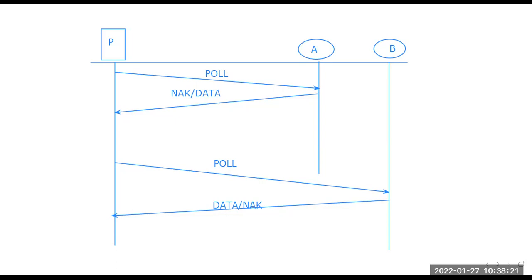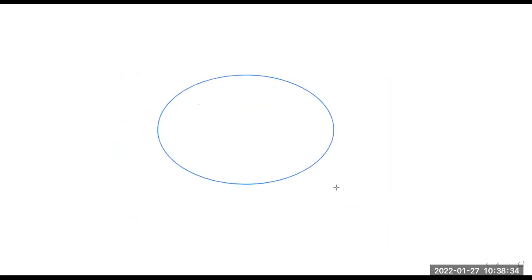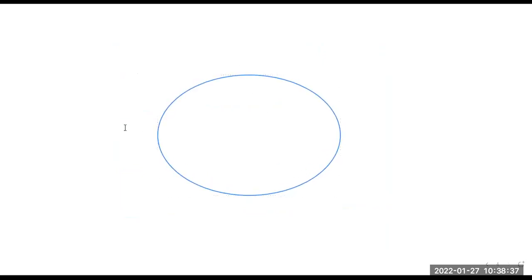The predecessor is the station which is logically before the station, if we consider a ring. So let me quickly draw a particular scenario here. Suppose this is a ring, and in this ring there are stations: one, two, three, four, 5, 6, 7, 8. So each of the stations is attached to the ring. Suppose the ring is moving in this particular direction.